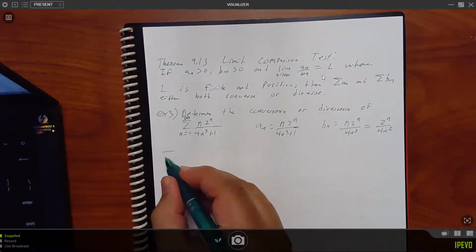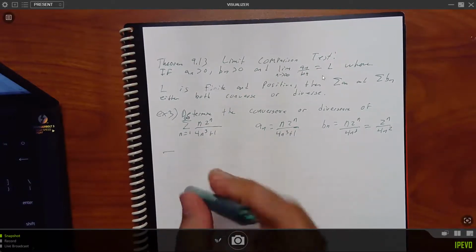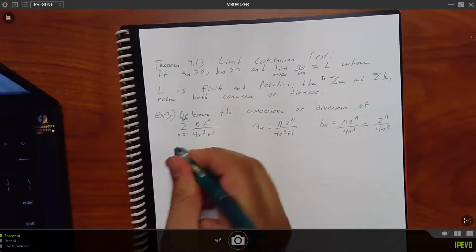All right, so now we take the limit of those two sequences.